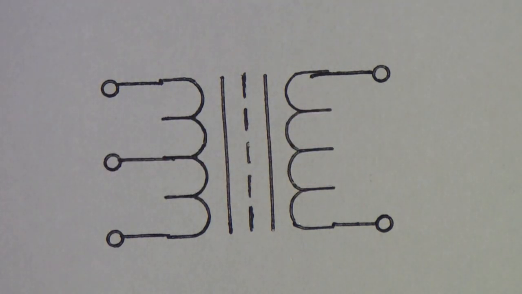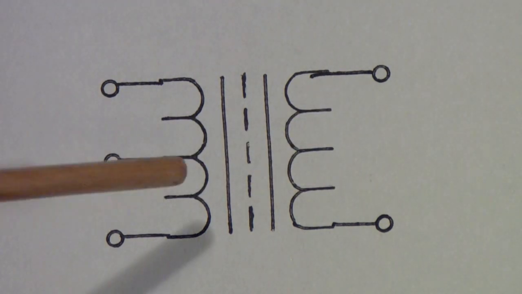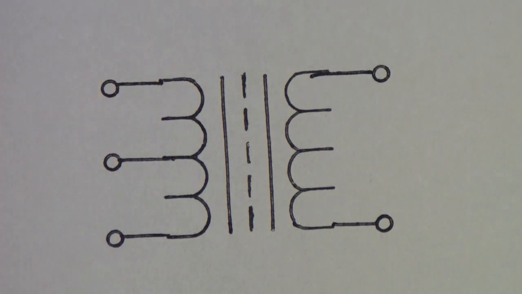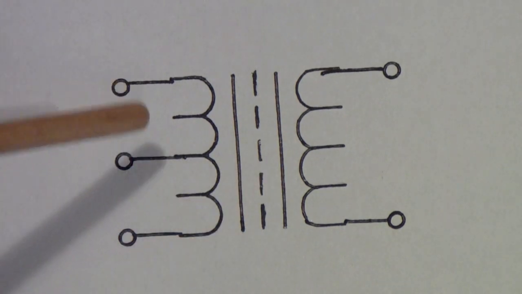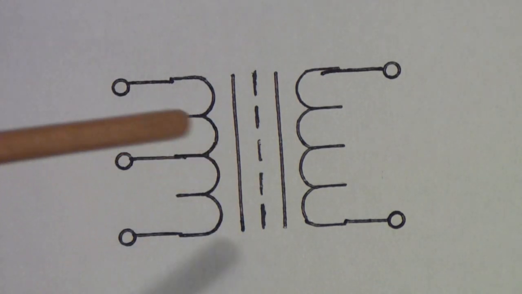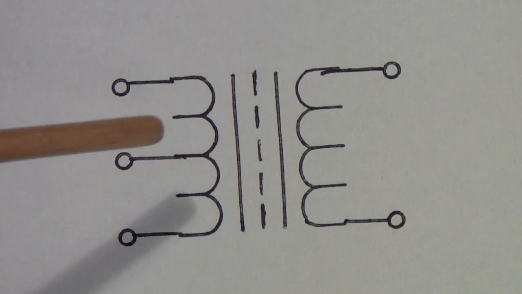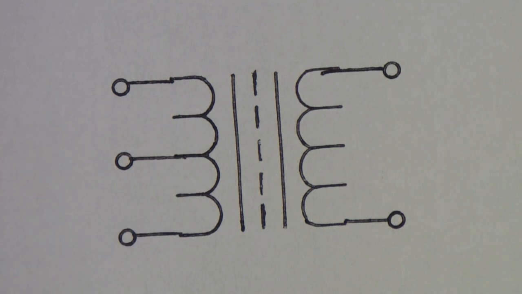And I'll show you in a minute how you can determine the approximate turns ratio of an unknown transformer. Suppose you have one in your junk box. You'd like to use it in a tube circuit, but you have no idea what its characteristics are. Well, if you have an inductance meter, you can measure that. If you don't have an inductance meter, you can actually create one using a function generator and an oscilloscope.